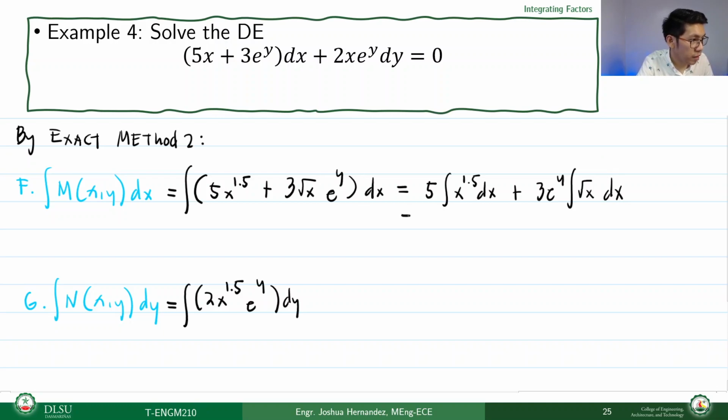This simplifies to 5 times x raised to 2.5 all over 2.5, since 1.5 plus 1 is 2.5.